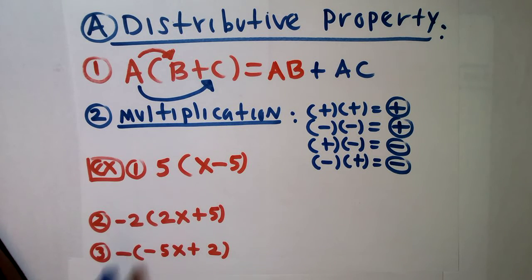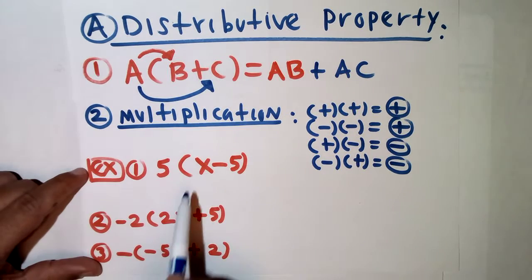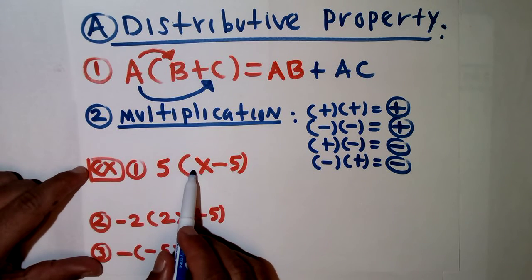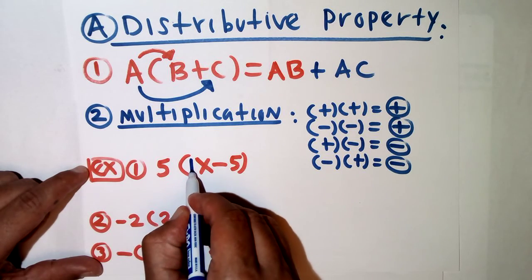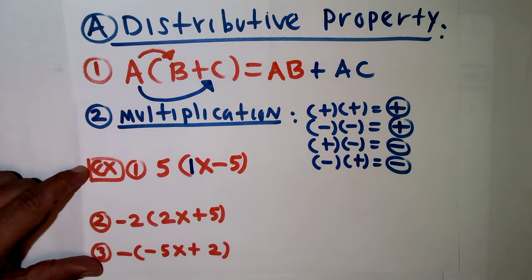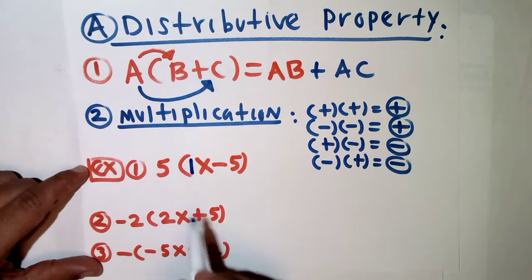So let's go to the first one: 5 parentheses x minus 5. So that you get used to it, when you go to the inside, if you notice there is no coefficient, just put a 1 there. And what I'm going to do is follow the formula.